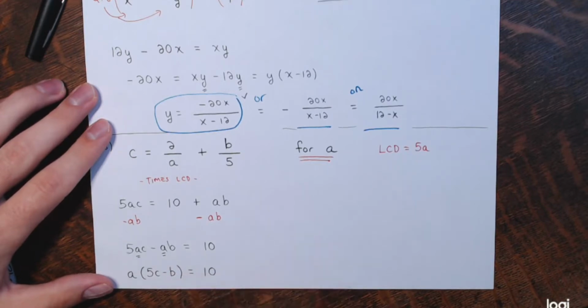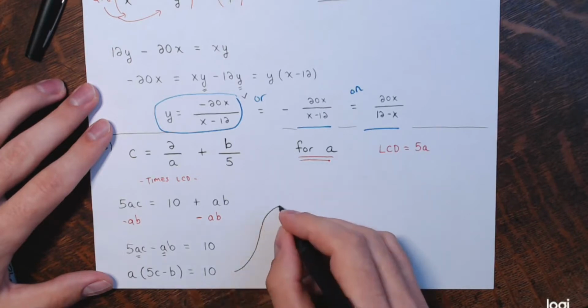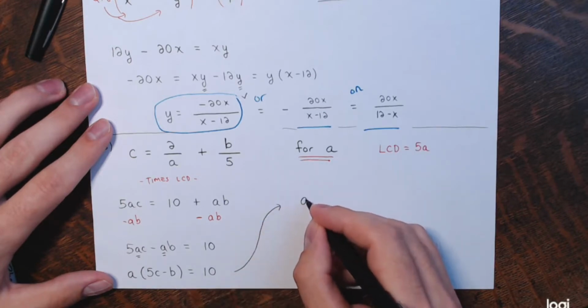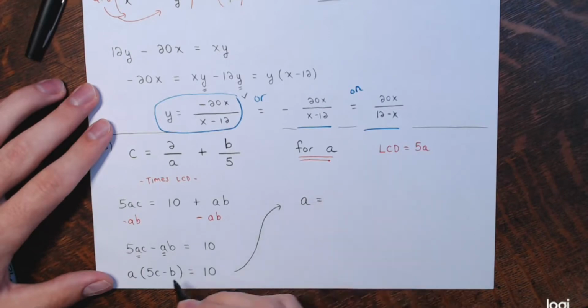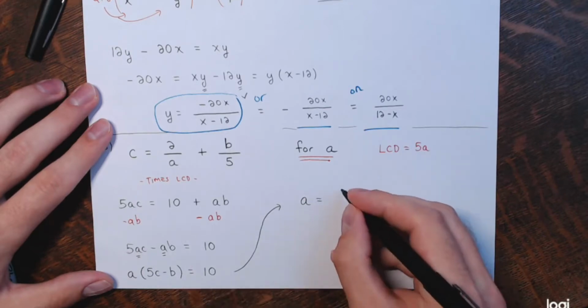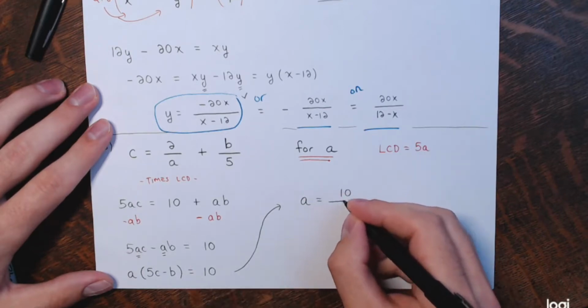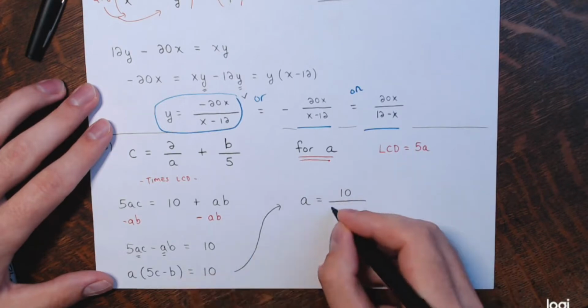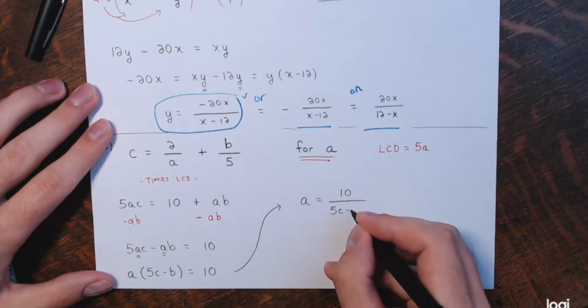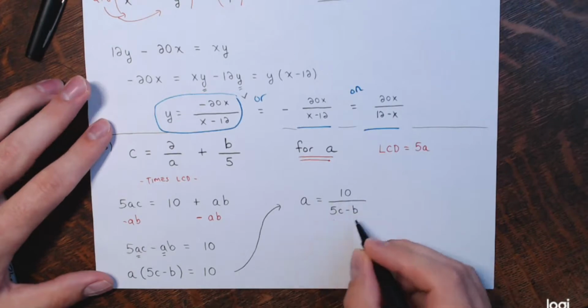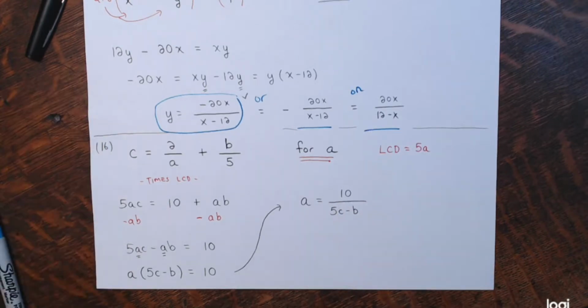And then finally, to get A alone, I would have to divide by this 5C minus B factor. So in the end, we have A alone on the left here, and dividing the 10 by this factor 5C minus B. And that's as simple as that fraction gets. So that's it, there you go.